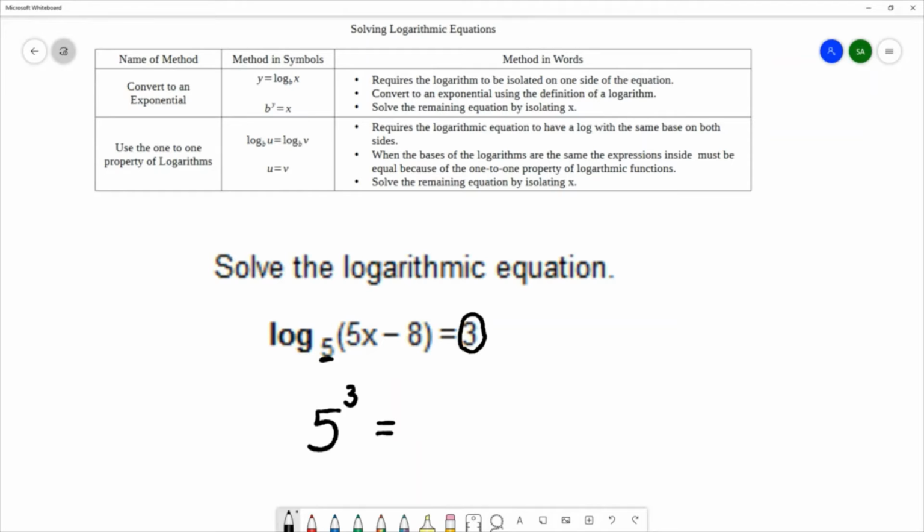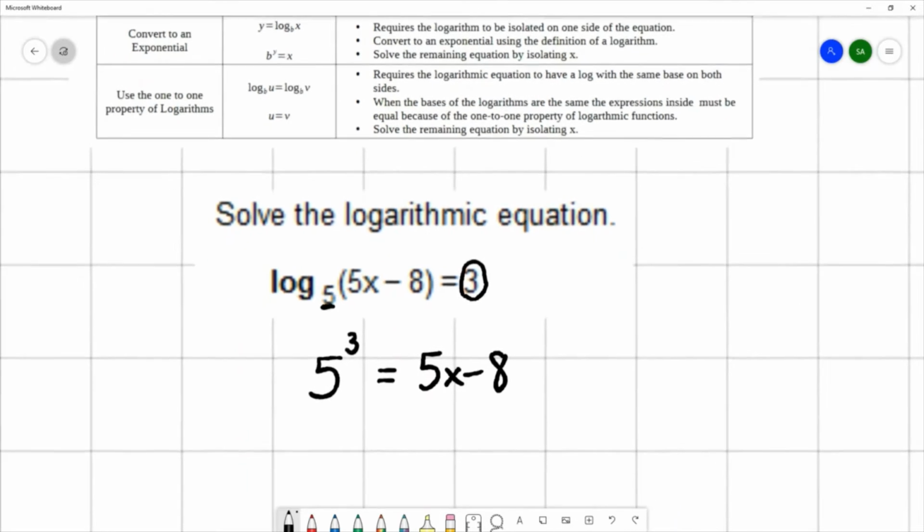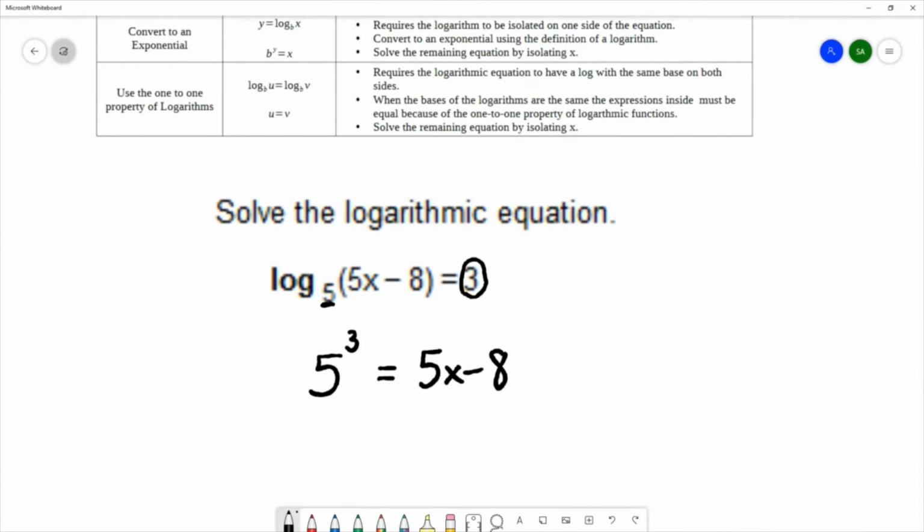And then the expression that's inside the log, 5x minus 8, is what our exponential equals. So we've converted from a logarithmic equation to an exponential equation using the definition of a log. And now we're going to solve the equation that's left.